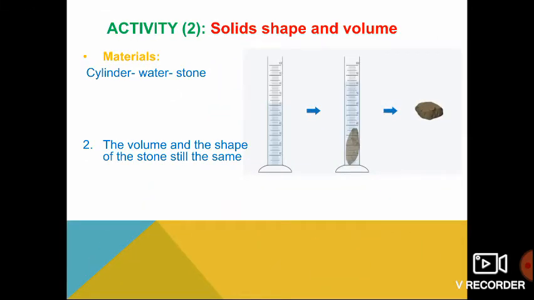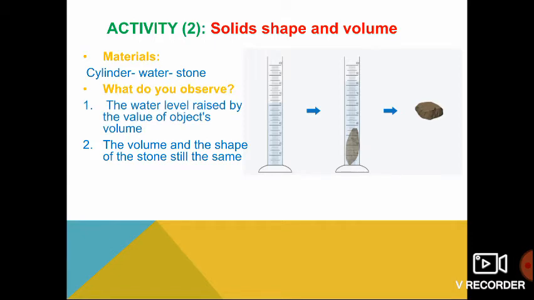We have an activity to confirm that solids have definite shape and volume. We have a cylinder, water, and a stone. When we put an amount of water in a cylinder and put a stone in it, we observe that the water level rises by the value of the object's volume.